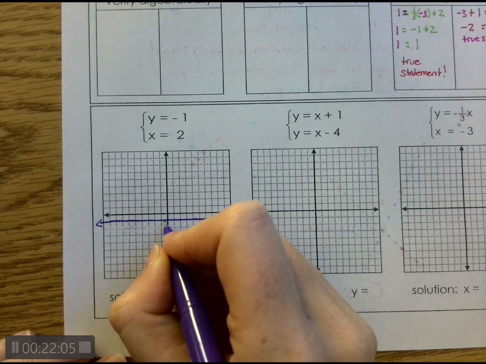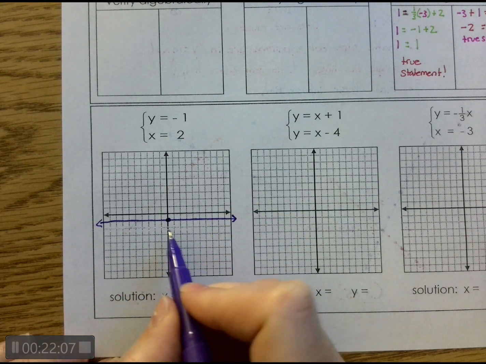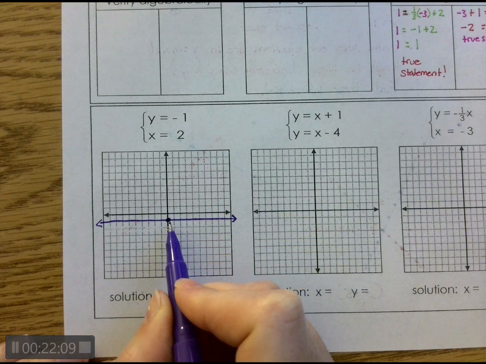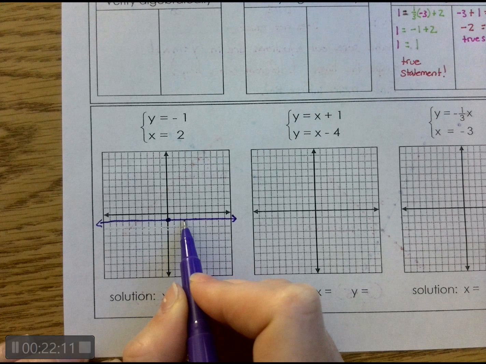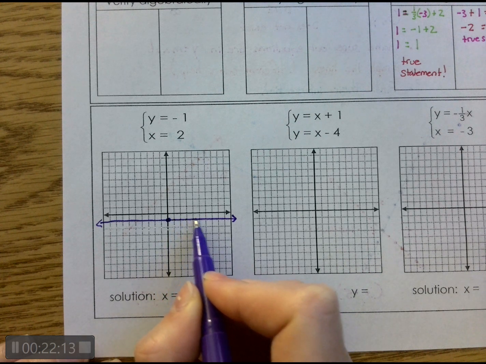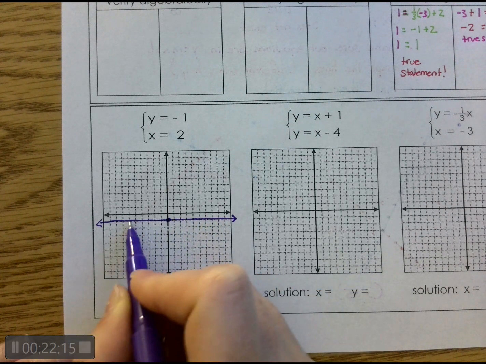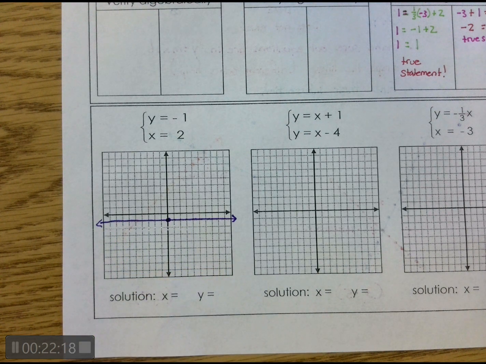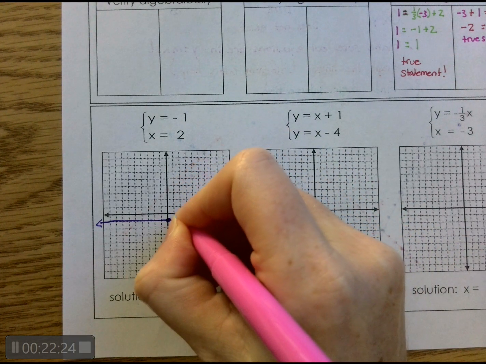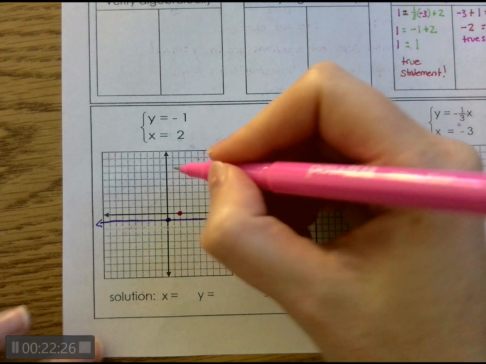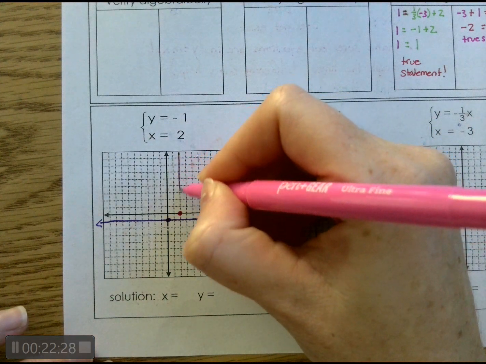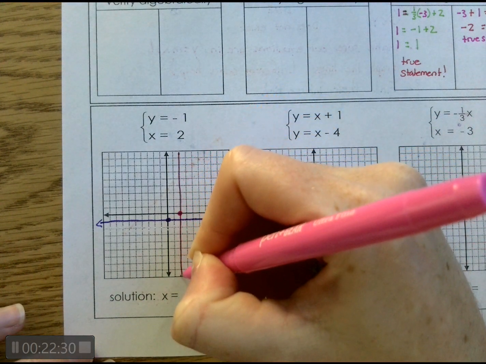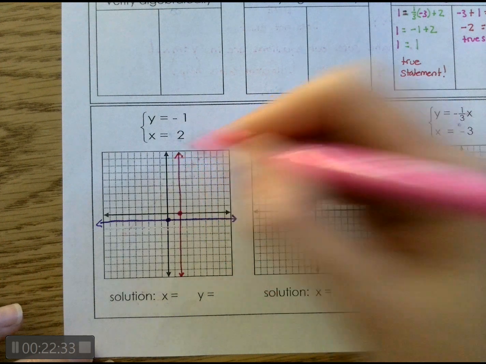Because you go down to -1 to y equals -1, and then you can tint every single dot is where y equals -1. Okay, and we've talked about that before. And then you're going to do the same thing for x equals 2. Go to where x equals 2. And you're going to make the line where x always equals 2.